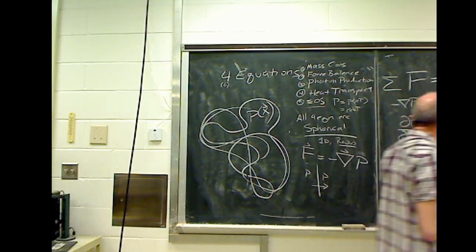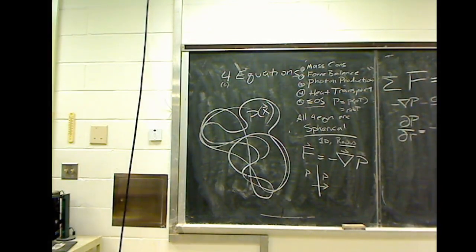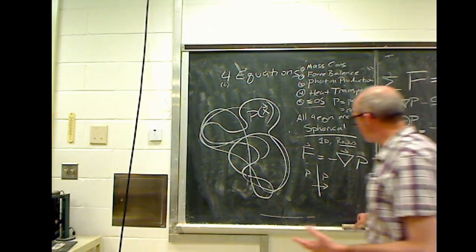Okay, so this force balance says dP dr equals minus G M rho over r squared. This is how the star holds still.